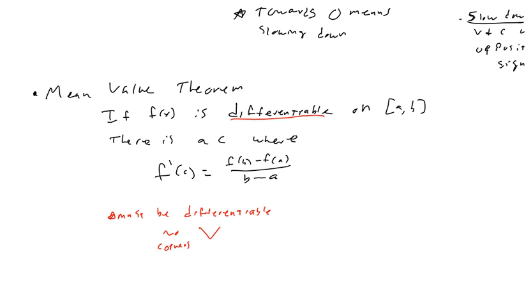No corners here or corner here, right? No corners allowed. And it must be continuous, meaning no holes, no breaks. Not even any corners that have a, like a this, and then like sharp change.